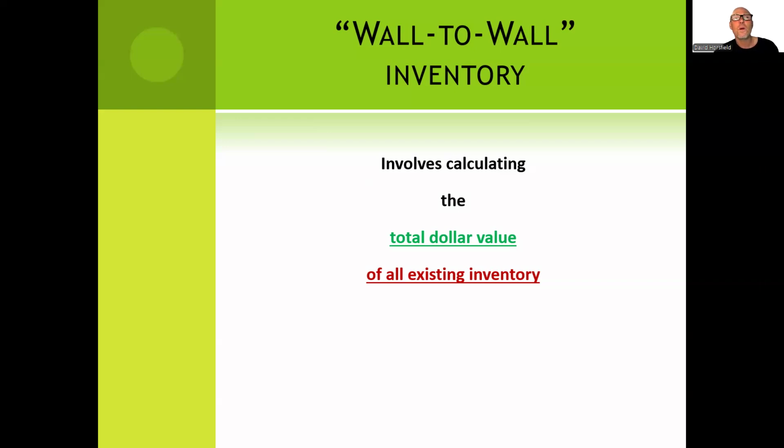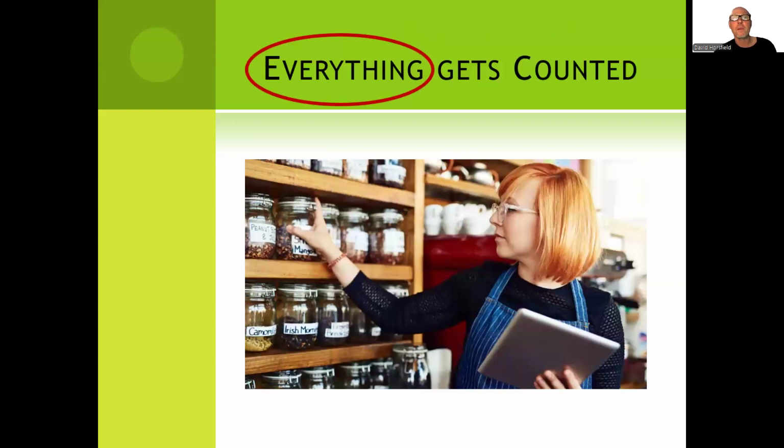So we have to count everything, and then we take our inventory counts and put them into our inventory management system or a spreadsheet, and we match those item counts with the actual item listed and the cost it took to buy that product. And then that cost for the product times the number of items that we have tells us the total dollar value of that product. And the point is, everything gets counted.